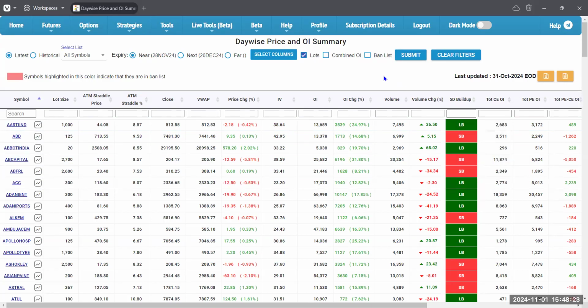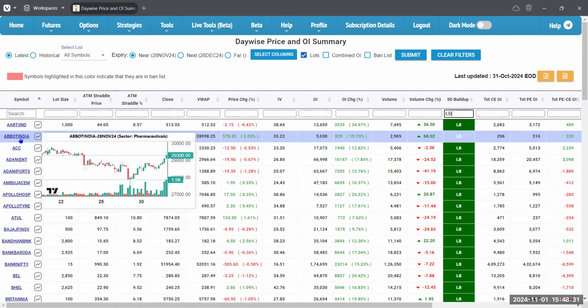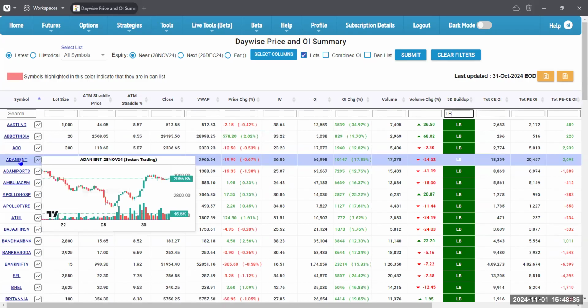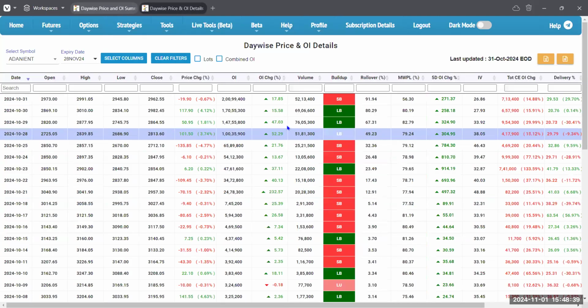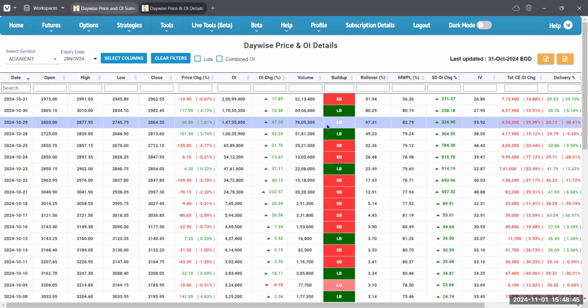If you're looking for bullish positions, then you look for long buildup. Then you can drill down into this and see what is happening in the last few days, basically.